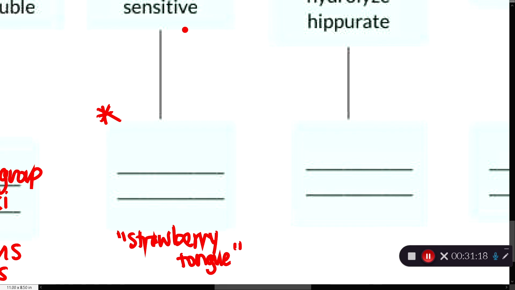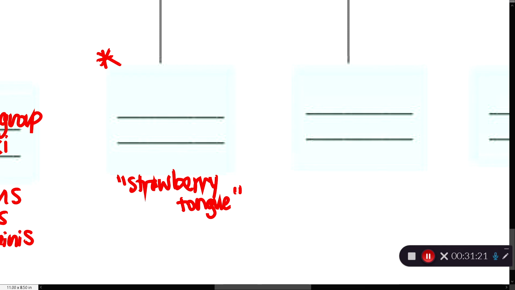it's also the number one etiologic agent of erysipelas and also a common cause of cellulitis.